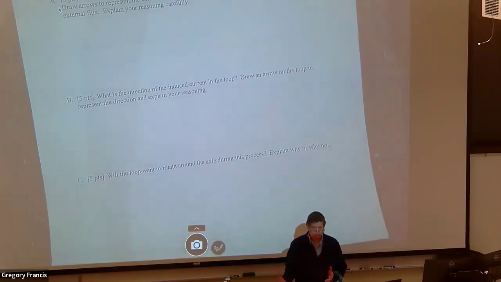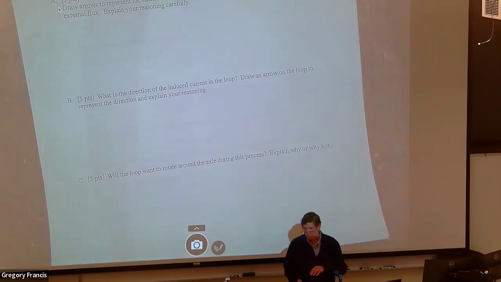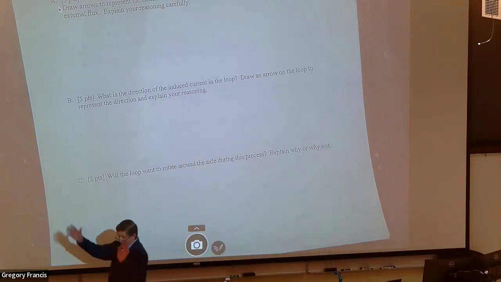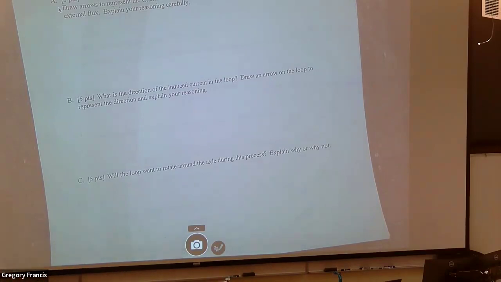I didn't say, is it gonna rotate clockwise or counterclockwise? Because I don't know how it got bumped. But you know, it doesn't want to stay there with a south pole against a south pole. And so I could ask you, is it happy there? Does it want to go somewhere else? But I wouldn't ask you to split hairs.